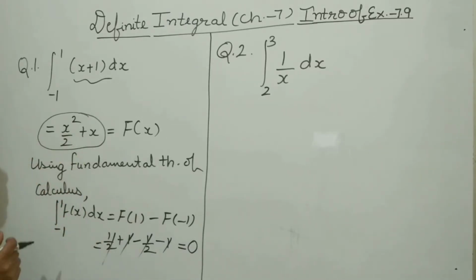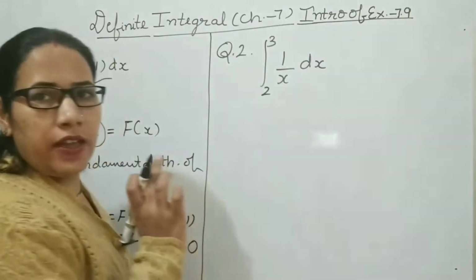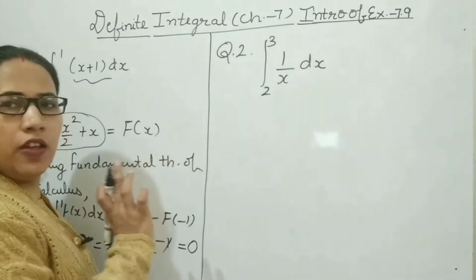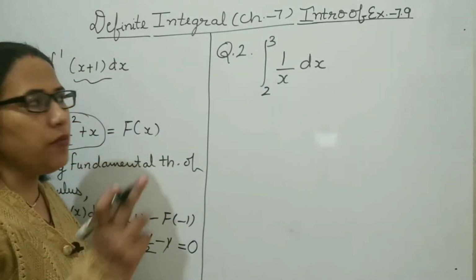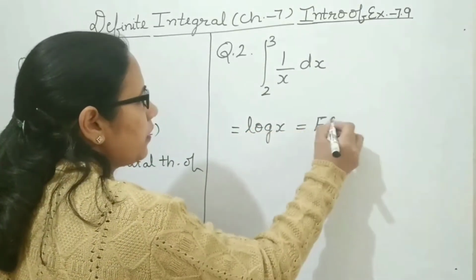Then come to next question, question number 2. Integral of 2 to 3, 1 by x dx. We first integrate this function. So integration of 1 by x is nothing but your log x. And this is your F(x).